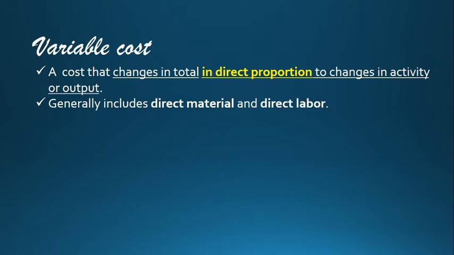So when we speak of variable cost here, we mean the total cost rises and falls as the activity rises and falls. Meaning in direct proportion, ang variable cost sa level ng activity, kagaya ng example natin.